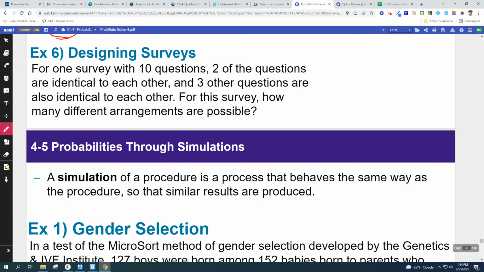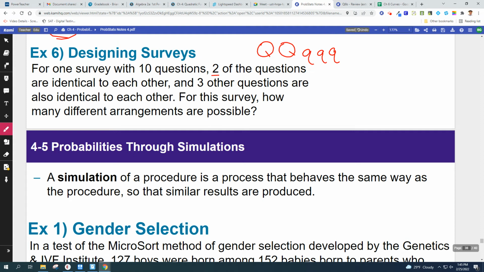There are 10 letters, right? Or 10 questions. So 10 letters in this word. 2 of the questions are identical, so let's call that capital Q, capital Q. Try really hard to make those identical. And then you've got 3 other questions that are also identical, so let's say lowercase q. Those 3 q's are identical.